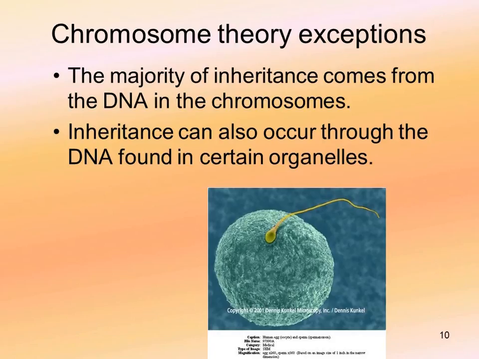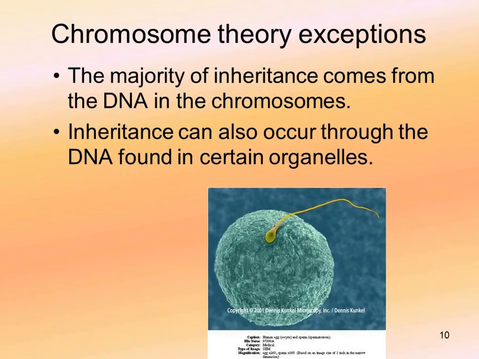Because of that, the information about mitochondria contains maternal DNA, or information from your mother. So you get information from the DNA of your nucleus, which is a combination of mom and dad, and you get additional information from your mom through your mom's mitochondrial DNA.